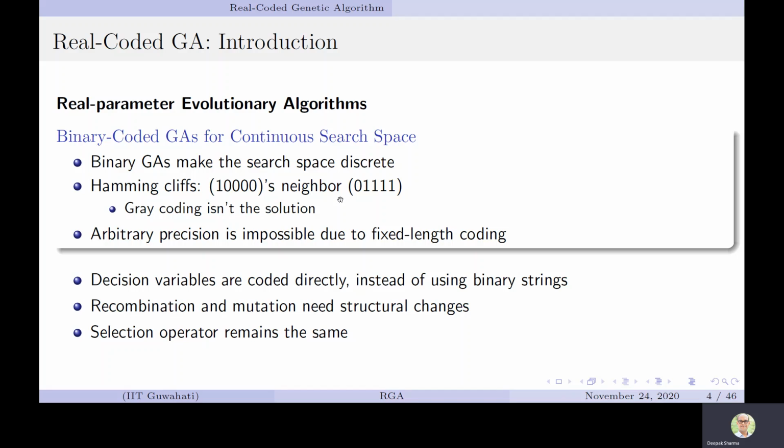Second is the problem called the Hamming cliff problem. Now look at these two binary strings. The first binary string, if we decode, is 16, and the second binary string, if we decode, is 15. If we use the decoded values 15 and 16 to get the value of xi, then we get neighboring numbers of xi.